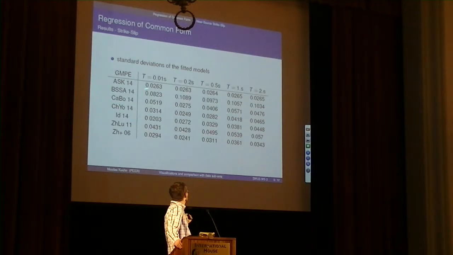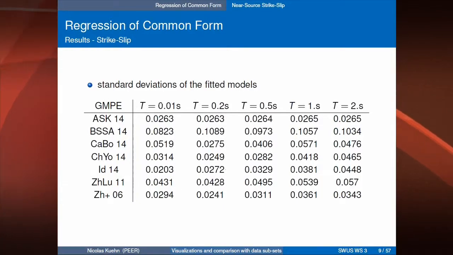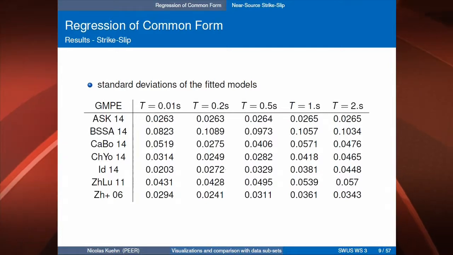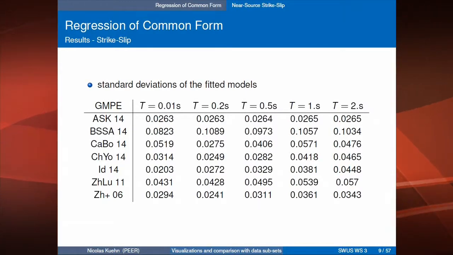The only one that has slightly larger standard deviations is the BSSA model, and that just comes from the point that this is a Joyner-Boore distance model, and we're reparameterizing it in terms of rupture distance. So we're not capturing everything that the Joyner-Boore distance BSSA model has.